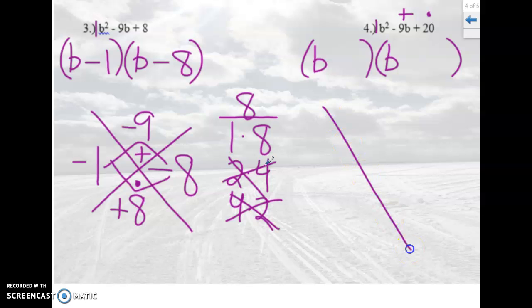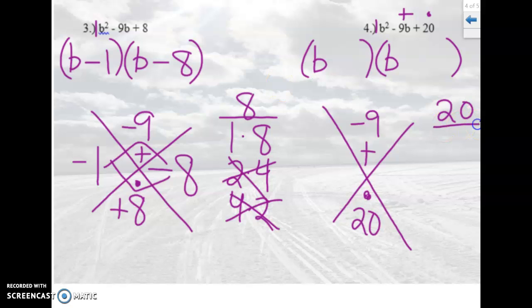I think about this as a little x where I add to the -9 but multiply to the 20. I'm going to have to make a list of ways to multiply to 20 and just go right in order: 1 times 20, 2 times 10, 3, no, 4 times 5, 5 times 4.